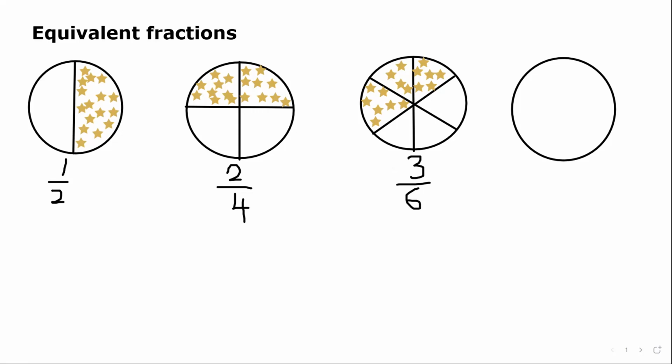Now the third one here, the person may also decide to divide this orange into 8 equal parts. Then decided to take 4 out of the 8, which also represents the half.